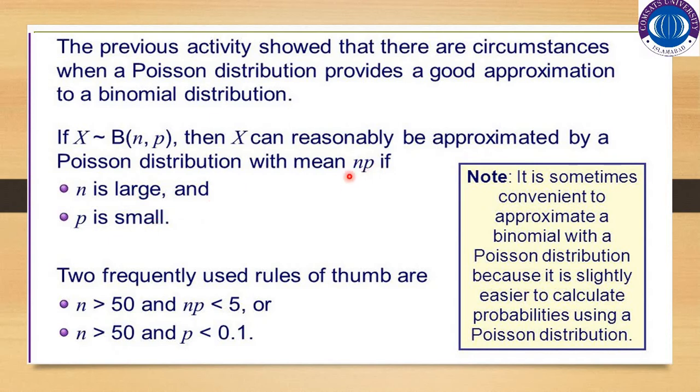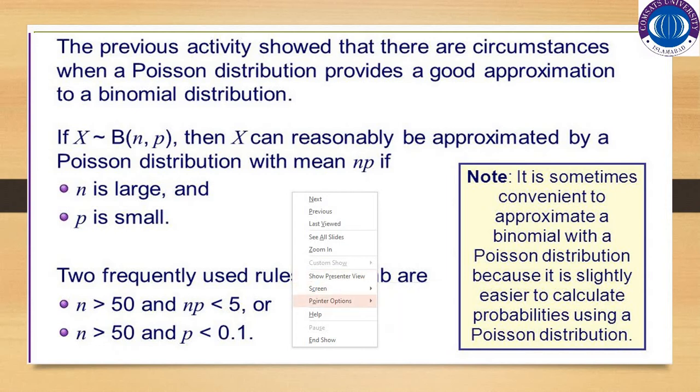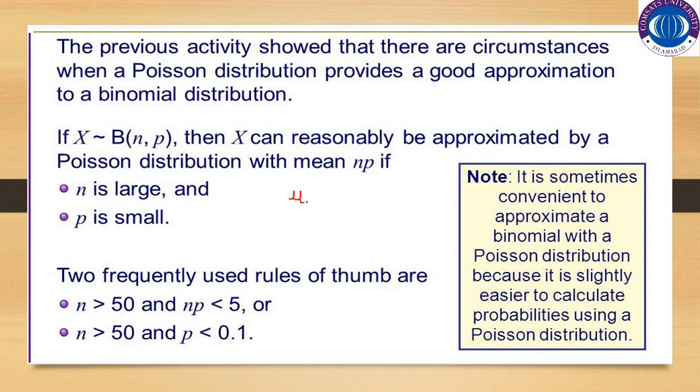This np is basically equal to mu, which is basically the mean of the binomial distribution. Mu is equal to n into p, where n is large and p is small.